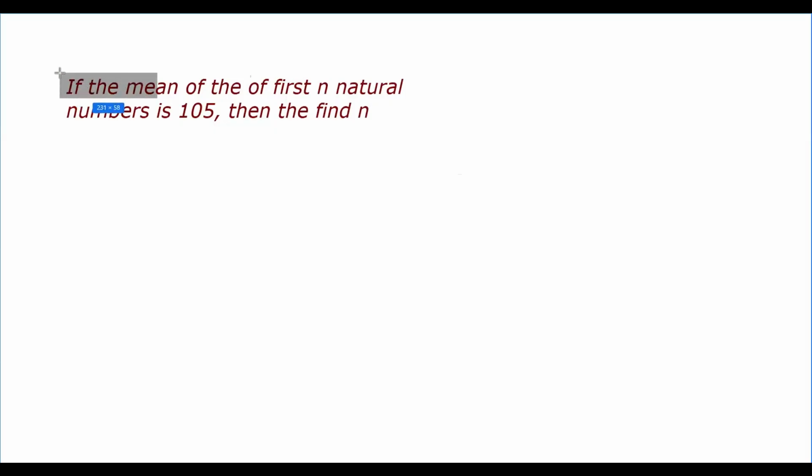In this question, it says if the mean of the first n natural numbers is 105, we are given the mean and then we have to find n. The formula for the mean is the sum of all observations divided by the number of observations.